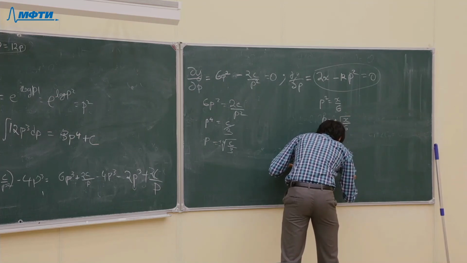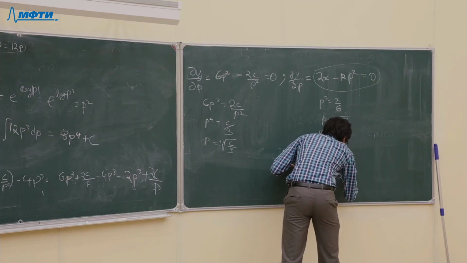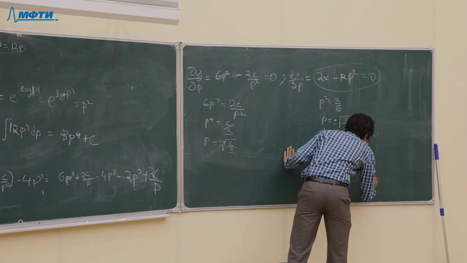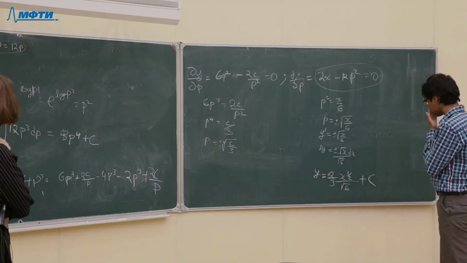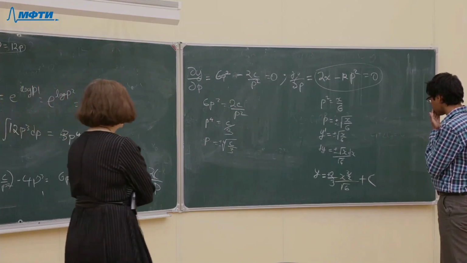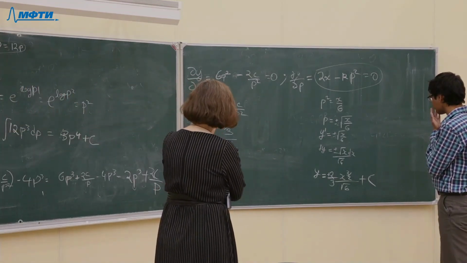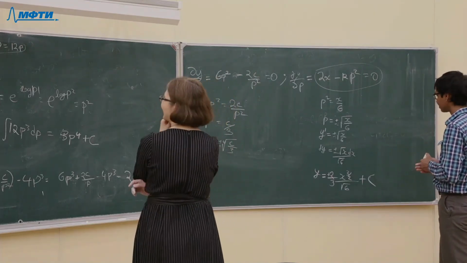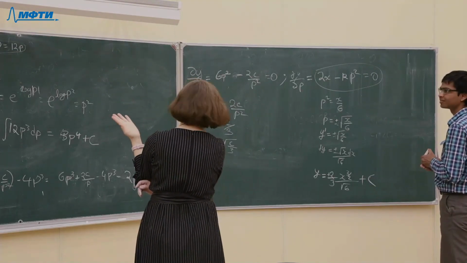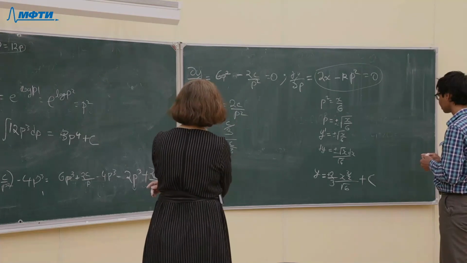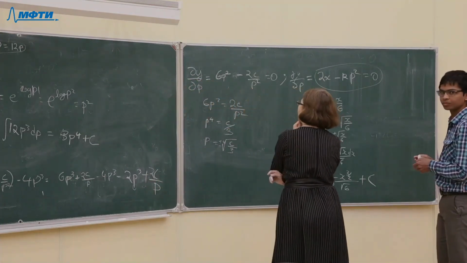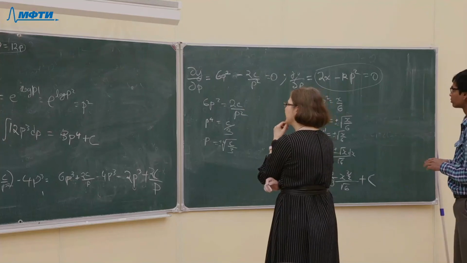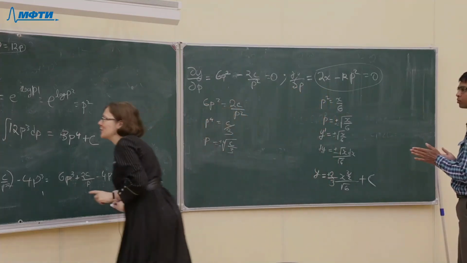So one half, two thirds. So it's this, and after this we should check: does it satisfy our original equation, right? So I'm not sure. Just a moment. It should be.